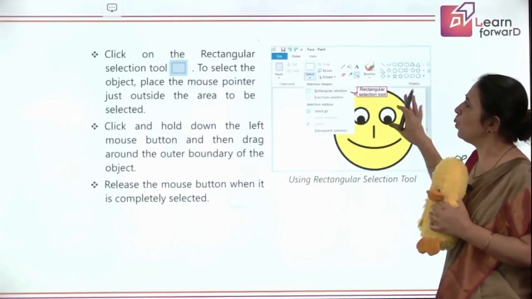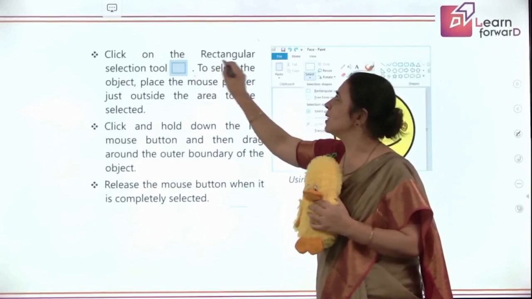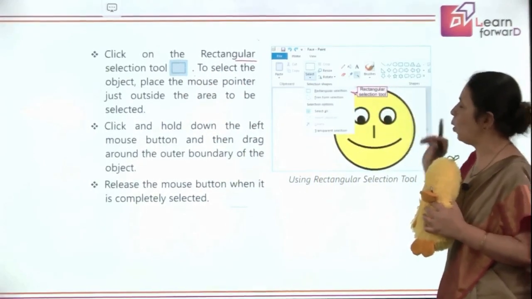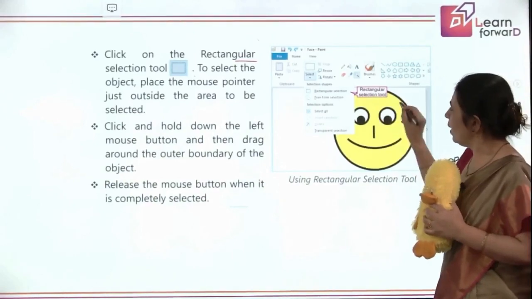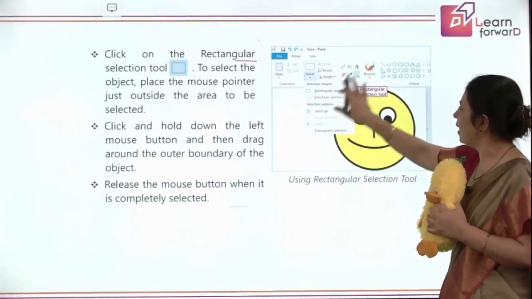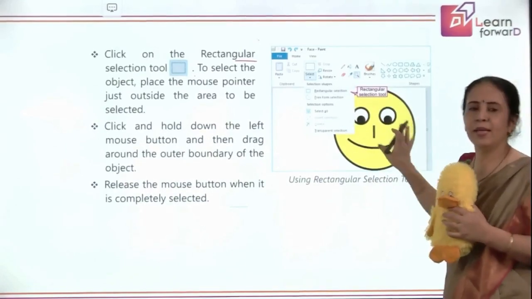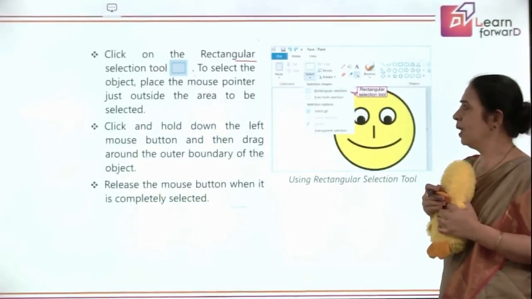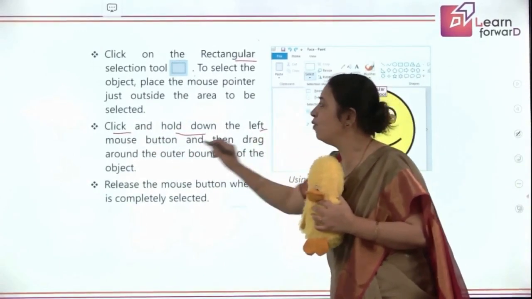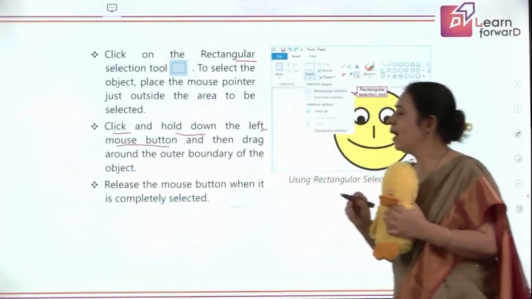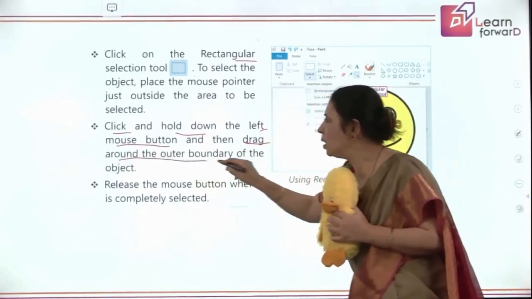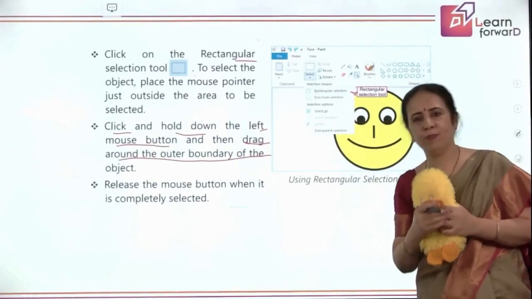Now, when you draw a face and this face has to be selected like this, the first thing is you have to select that rectangular selection tool and you bring it near the object. It is not to be put inside the object; you put it outside the particular image that you need to select. And after that, you click and hold down the left mouse button and then it has to be dragged around the outer boundary of the object.